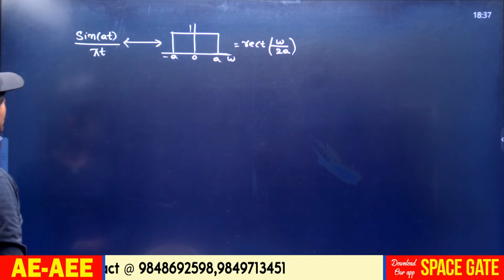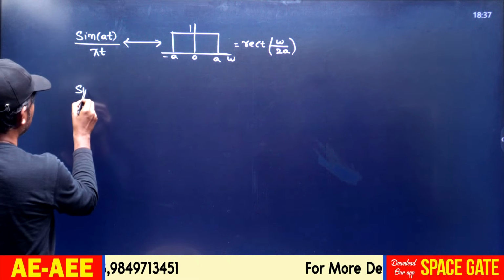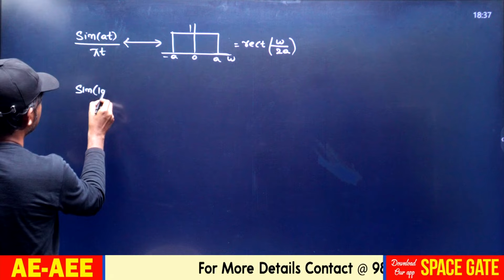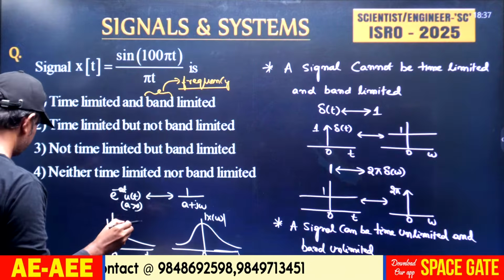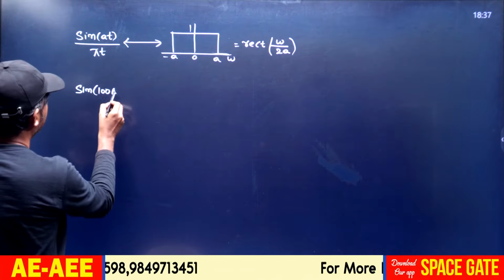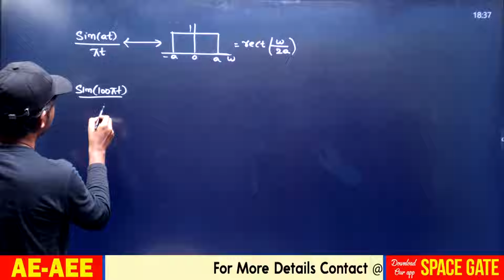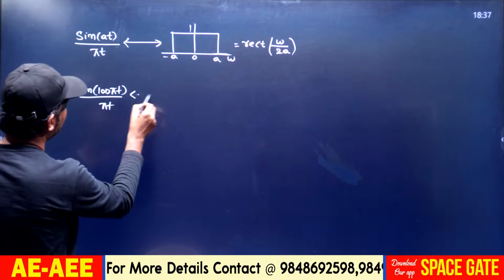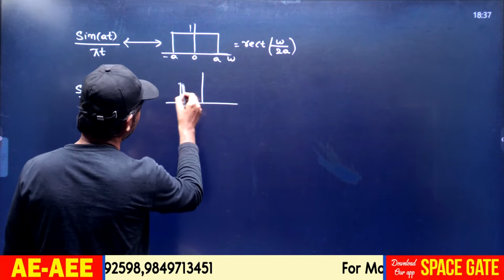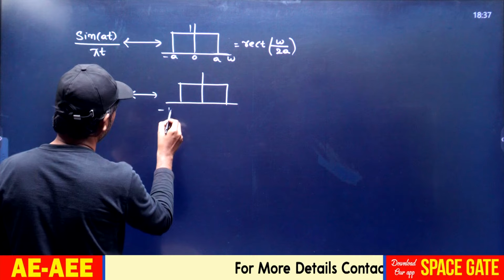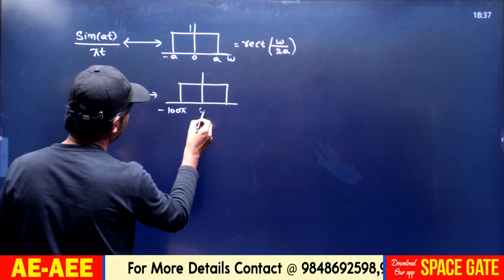Now the given signal is sine 100 pi t by pi t. What could be the Fourier transform? The Fourier transform could be simply a rectangular pulse varying from minus 100 pi to 100 pi.